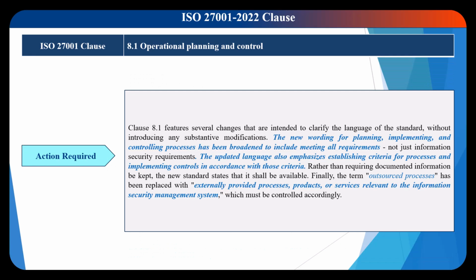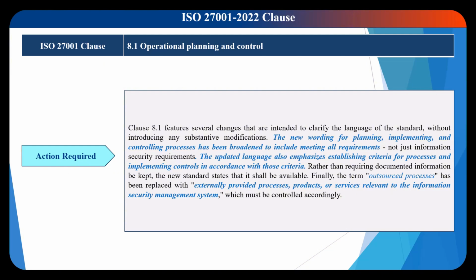8.1 features several changes that are intended to clarify the language of the standard. The new wording for planning, implementing, and controlling processes has been broadened to include meeting all requirements, not just information security requirements. The updated language also emphasizes establishing criteria for processes and implementing controls in accordance with those criteria.